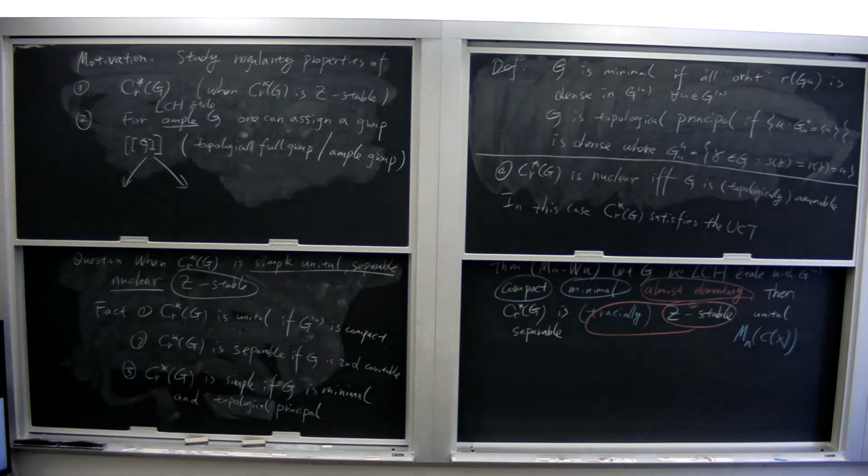So you have bisections V_ij, with i, j in some index set I, such that the source of V_ij is V_jj, and the range of V_ij is V_ii, and V_ij times V_jk is exactly V_ik.